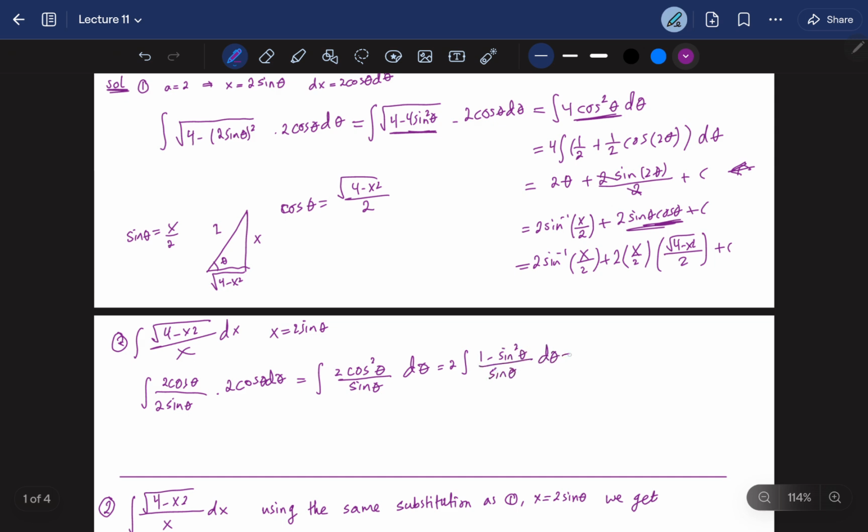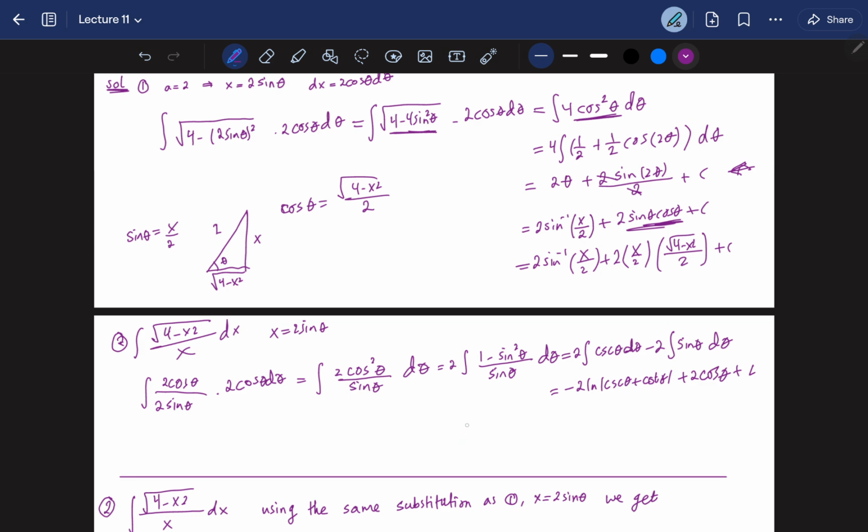And we know that we can distribute the denominator. So I'm going to have 2 times the integral of 1 over sine, which is cosecant, d theta, minus 2 times the integral of sine squared over sine, which is just sine of theta, d theta. And now these are just antiderivatives.